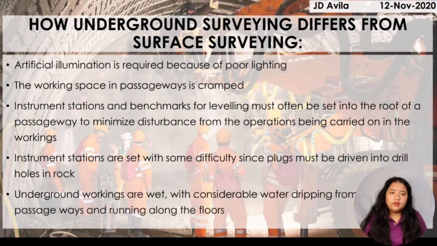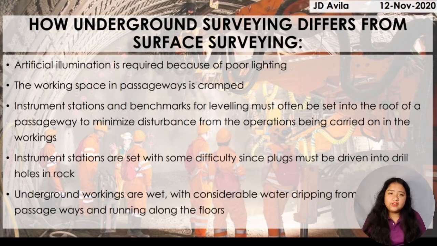Third, instrument stations and benchmarks for leveling must often be set into the roof of a passageway to minimize disturbance from the operations being carried on in the workings. So since the passageway to the underground is very narrow, some instruments must be placed in the working area underground.